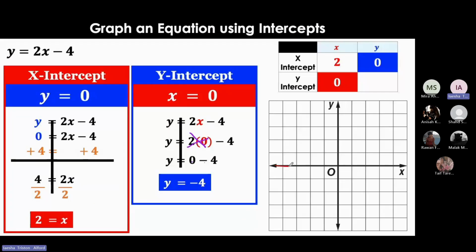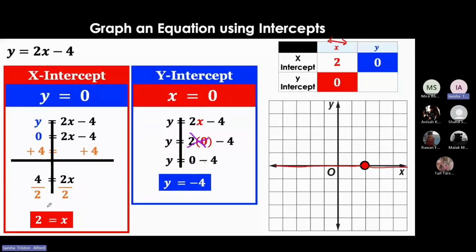This is the x-axis. Should be here. Goes right and left. So you go to the x-axis. Where is positive 2? You put a point there. Because remember, the x-axis is going left and right.